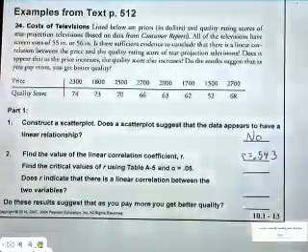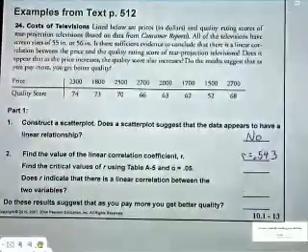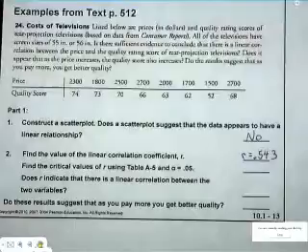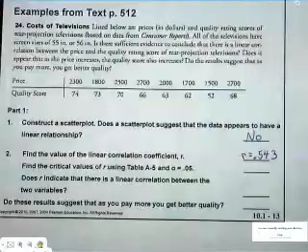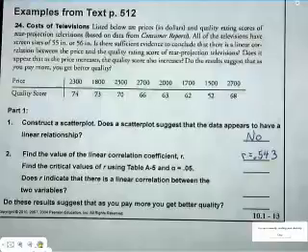Is that very close to +1 or -1? Not really. But how do we determine how close is close enough? Well, if you tell me to use a significance level of 0.05, and how many data points do I have? 8.